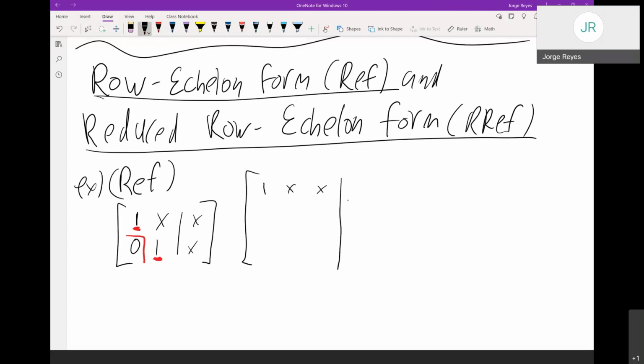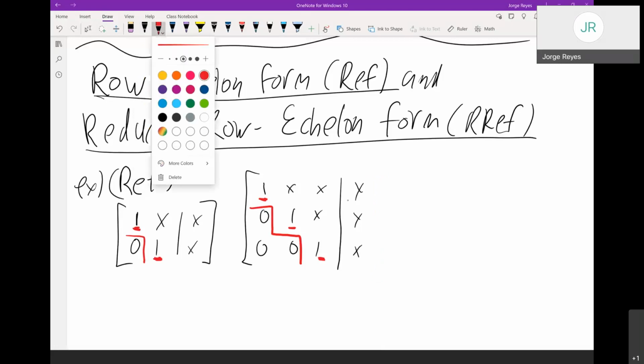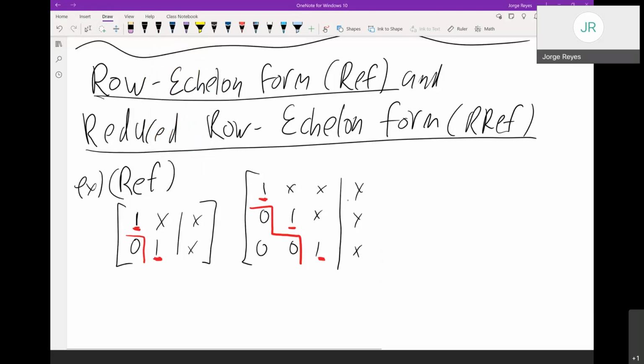And I hope you will notice a pattern here. As the matrix gets bigger, this is what row echelon form looks like. Again, you have these ones, and now you have these zeros down here, and again, we don't care about any of these numbers. So this is row echelon form for a 3x3. I really would prefer to go back to the color black right now, but we're going to be stuck with this color for the rest of the class.